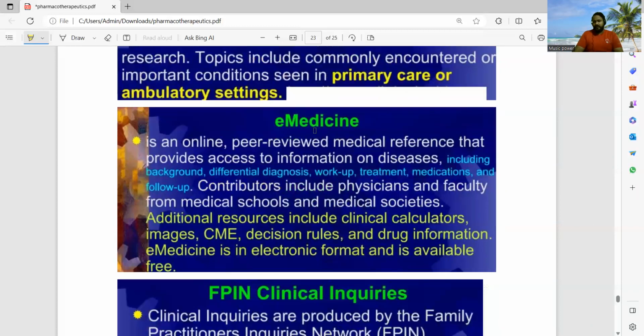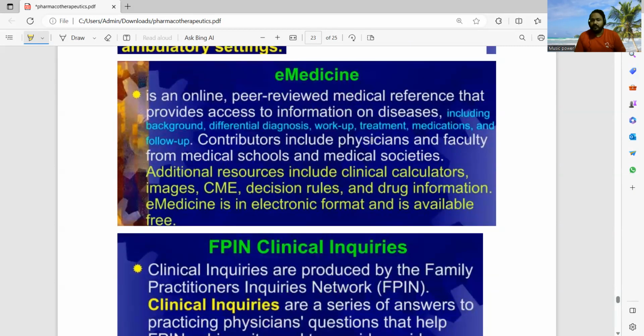settings. Now, what is eMedicine? eMedicine is an online peer-reviewed medical reference that provides access to information on diseases, including the background, differential diagnosis, workup and treatment, medications, and follow-ups.